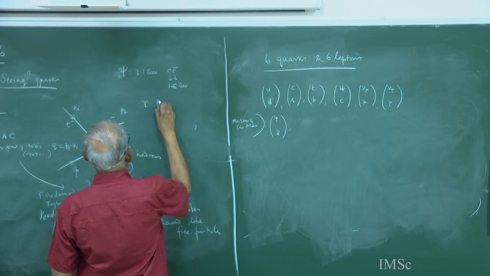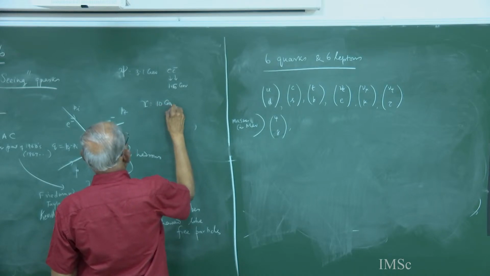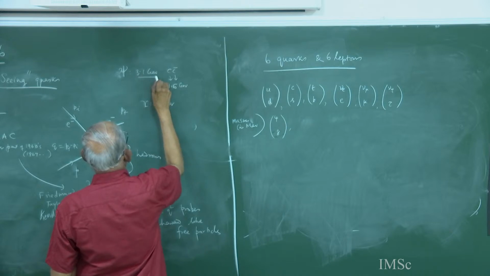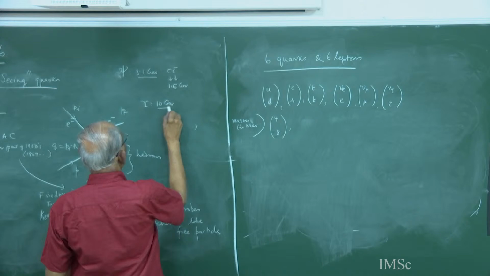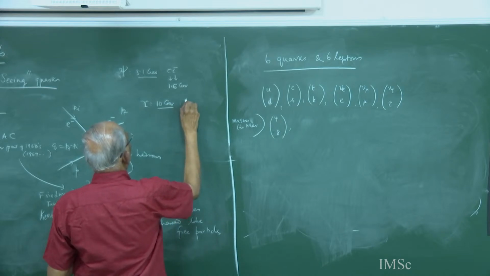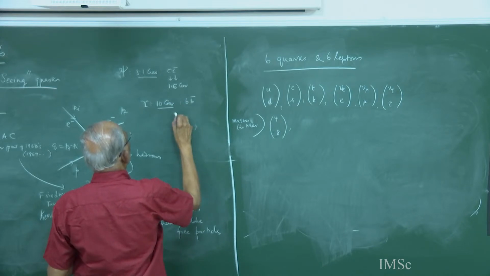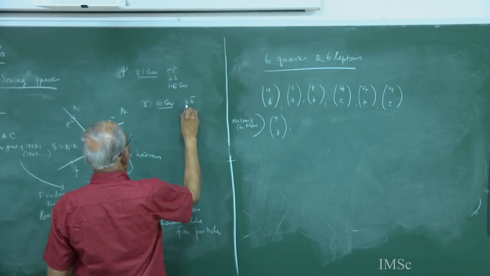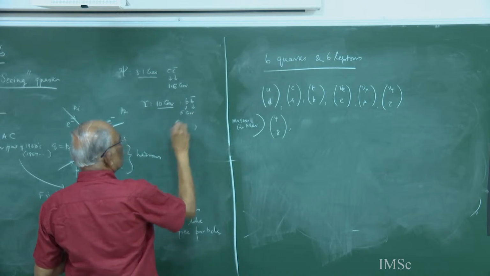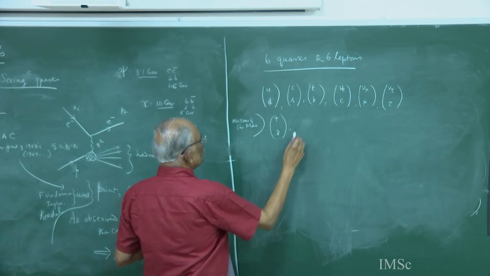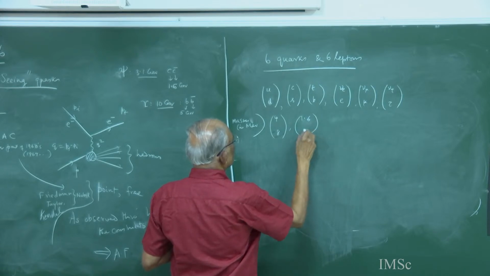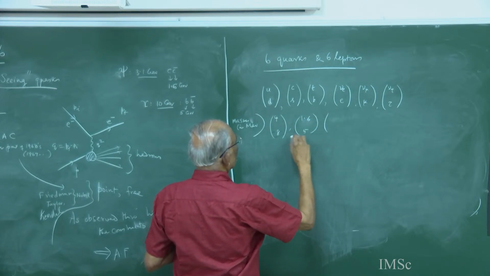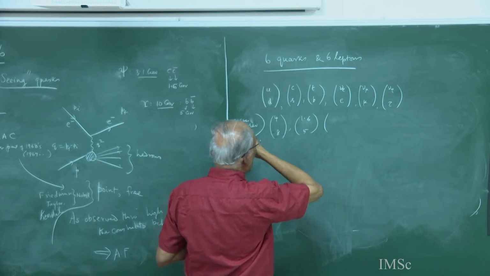Upsilon was about 10 GeV. I don't know whether I mentioned it. The psi was seen as a resonance at 3.1 GeV in e+ e- collision. The upsilon was seen as a resonance at 10 GeV. So this is a bound state of b and b bar, and their masses have to be therefore about 5 GeV. This is about 1.6 GeV. This is about 5 GeV. See how much mass difference is there between these.